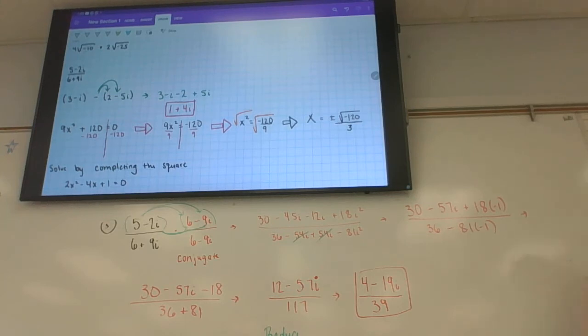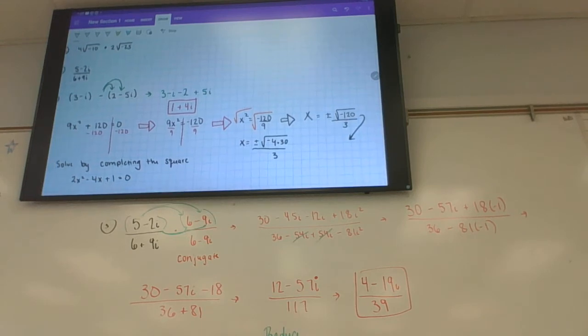It's 4 times 30. Square root of 30 all over 3.